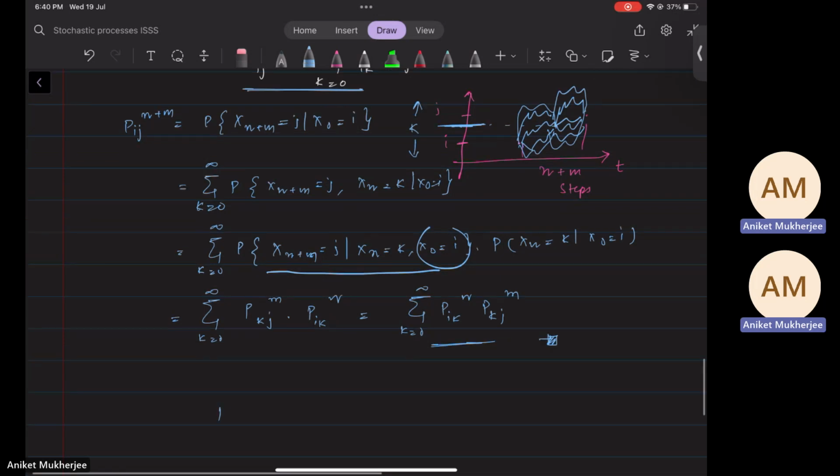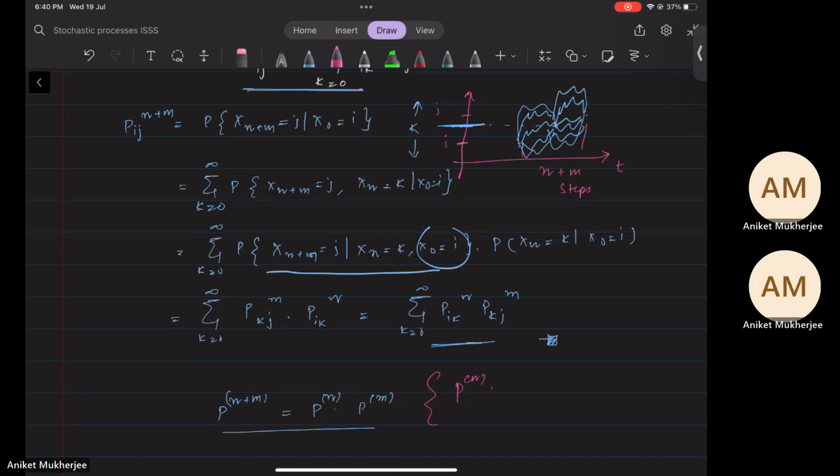So if you treat P^(n+m) as the n plus m step transition matrix, then you can write this as P^(n) times P^(m), where here P^(n) is the n step transition matrix, and this dot implies matrix multiplication.